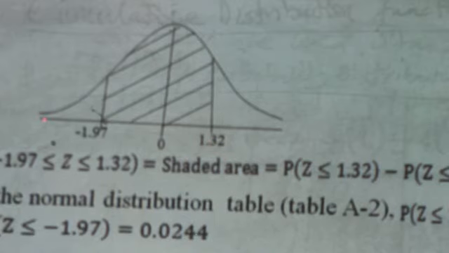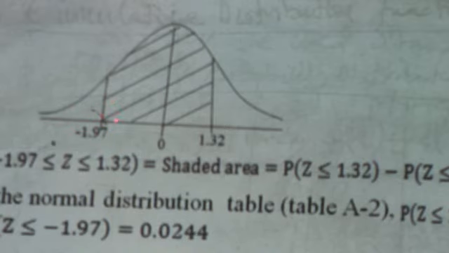And from the leftmost on the diagram to the first vertical axis indicated with negative 1.97 is also the area covered.